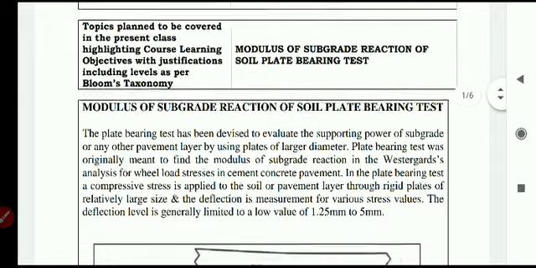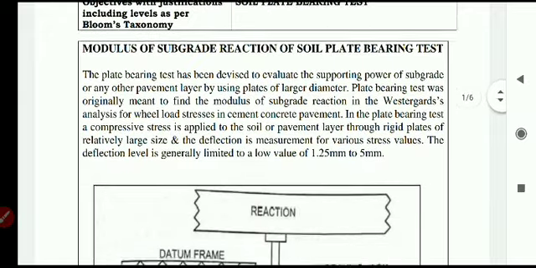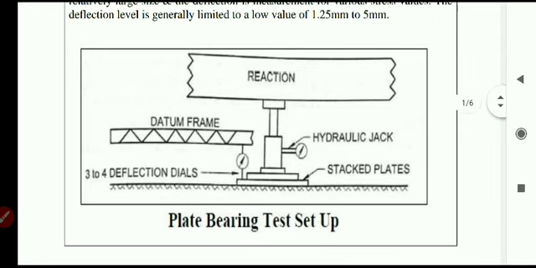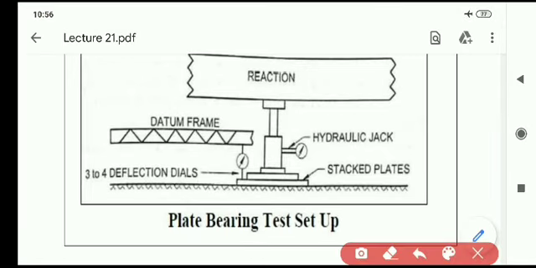If I want to make this concept clear, first I would like to discuss a brief sketch of it. This sketch represents the plate bearing test using modulus of subgrade reaction. If you can understand this figure clearly, then the explanation of this concept is very easy.